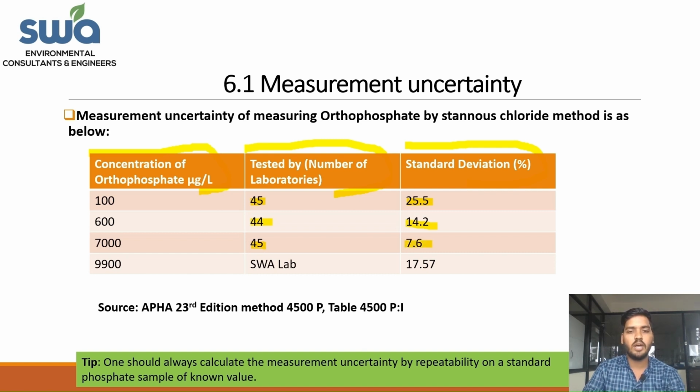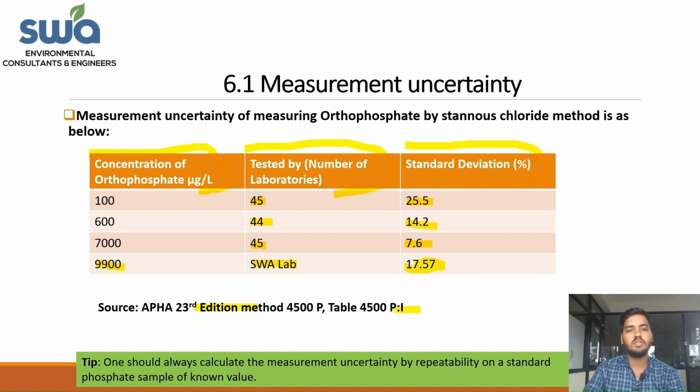In the case of SWA lab, the concentration of 9900 microgram per liter, which is 9.9 milligram per liter, was tested, and the standard deviation, or you can say the measurement uncertainty, derived is 17.57%. The source of this table is APHA 23rd edition, method 4500-P, table number I.